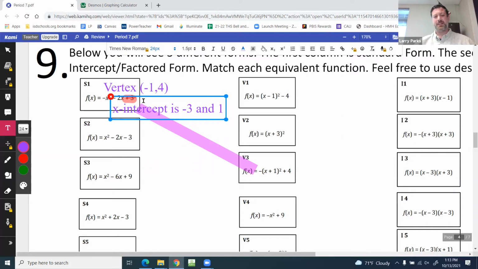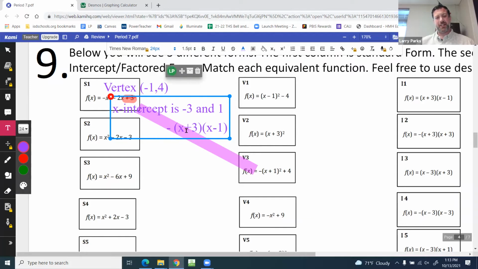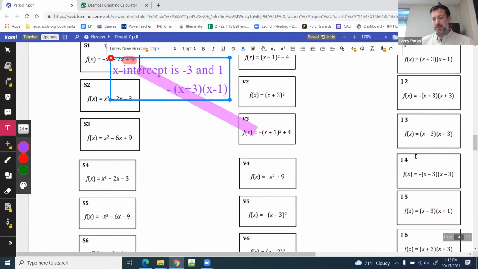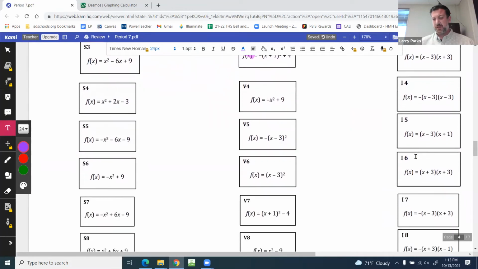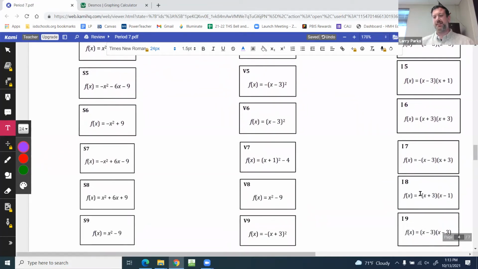So that means that's going to make the factors x plus 3 and x minus 1. And I also need that negative out front to make it flip over. So what I'm looking for is negative (x plus 3)(x minus 1). That's close, just going up. No, (x plus 3)(x minus 1), where are you? Ah, there you are.